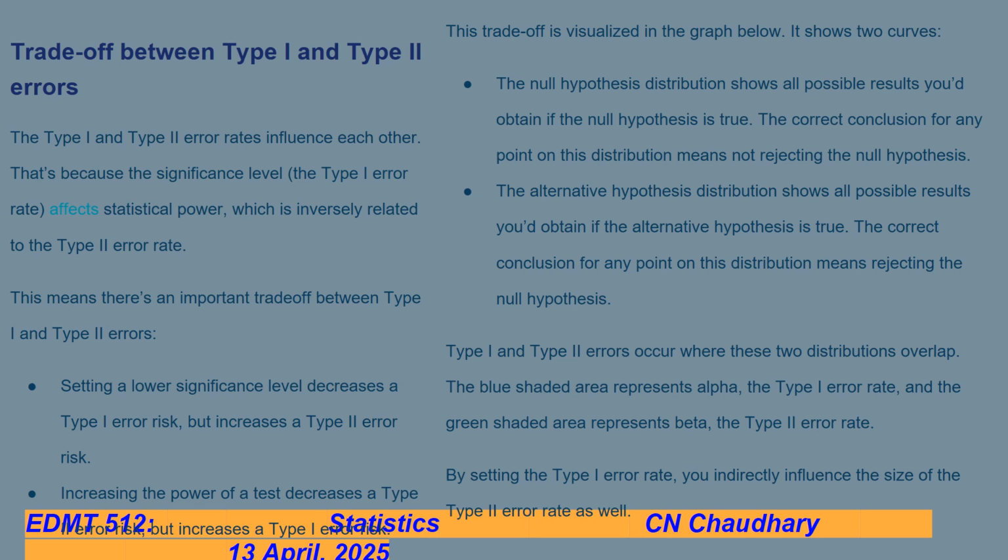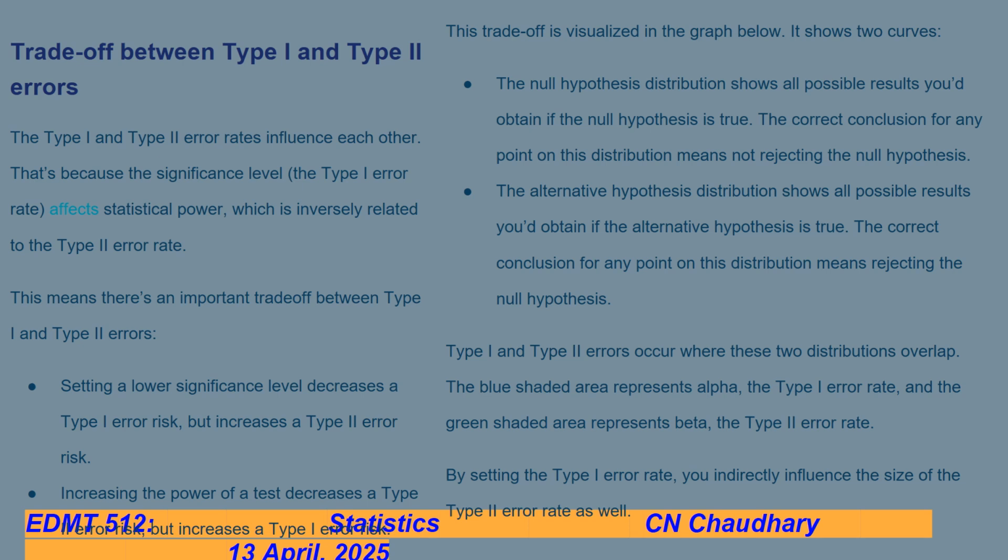It shows two curves. The null hypothesis distribution shows all possible results we would obtain if the null hypothesis is true; the correct conclusion for any point on this distribution means not rejecting the null hypothesis. The alternative hypothesis distribution shows all possible results we obtain if the alternative hypothesis is true; the correct conclusion for any point on this distribution means rejecting the null hypothesis.